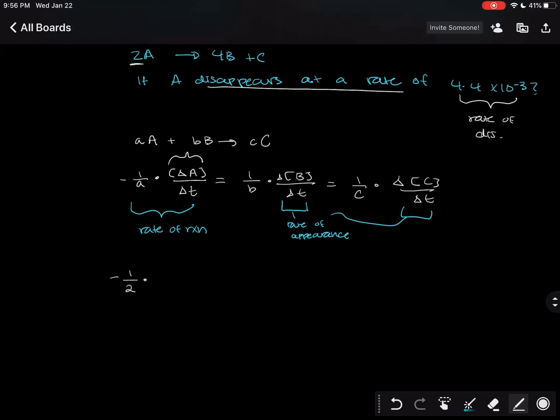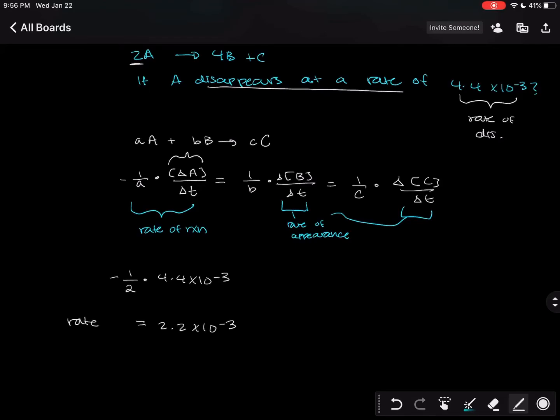Okay, so we'll plug that in. 4.4 times 10 to the negative third. Okay, so I think it's useful to first figure out what that even is. So 4.4 times 10 to the negative third divided by 2, we'll get 2.2 times 10 to the negative third. That's the rate.